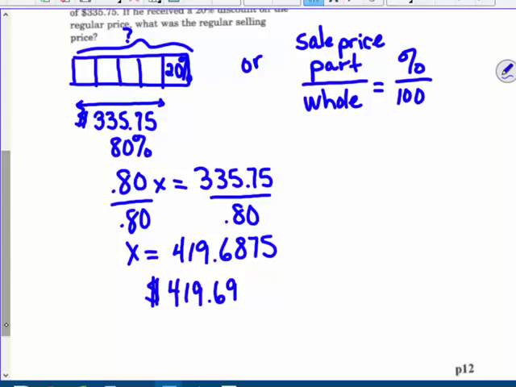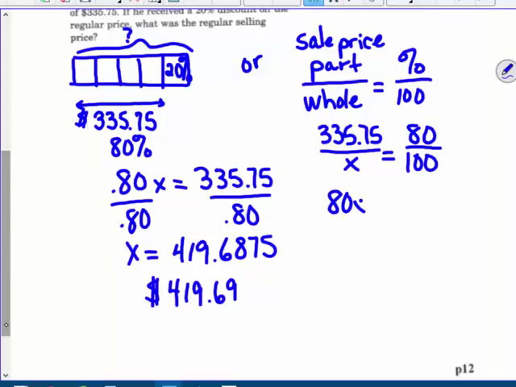So the sale price is that $335.75. I don't know the whole. And I know that that's related to the 80%. Notice I'm not using the 20% even in the proportion. So I could solve this, the product of the means, 80x equals, well, 33,575 when you multiply by 100, 335 and 75 hundredths times 100 gives you that 33,575, and dividing by 80 to get my x.